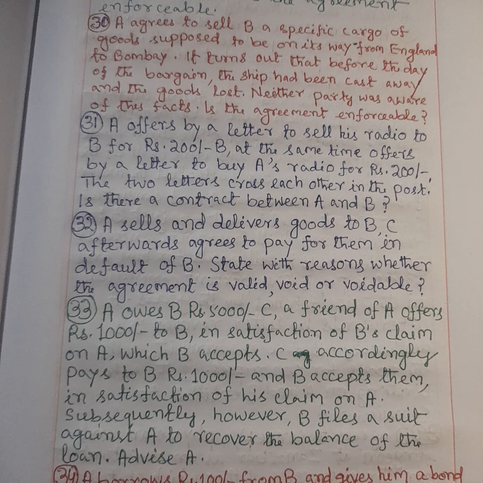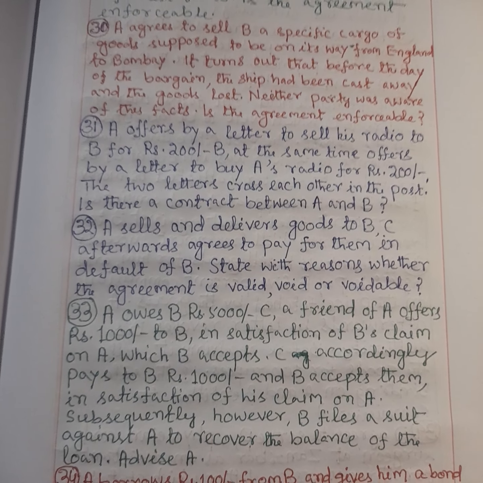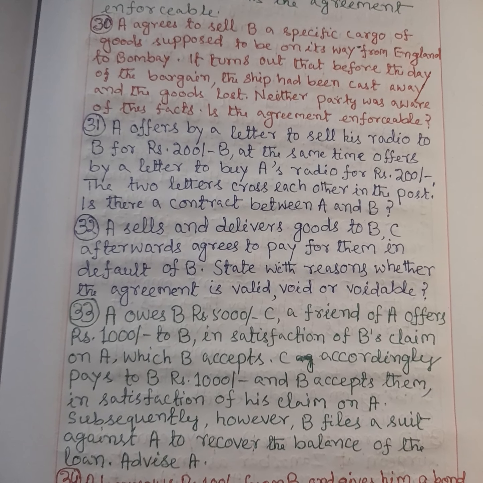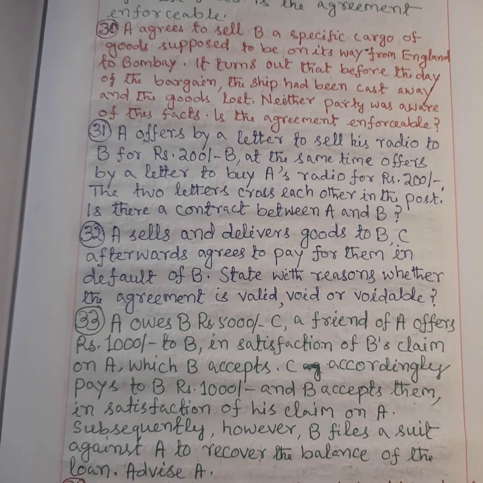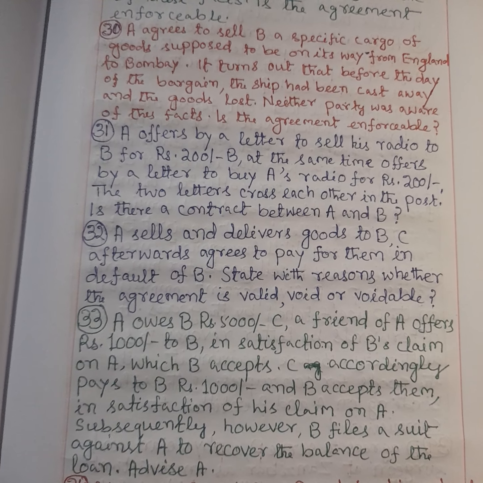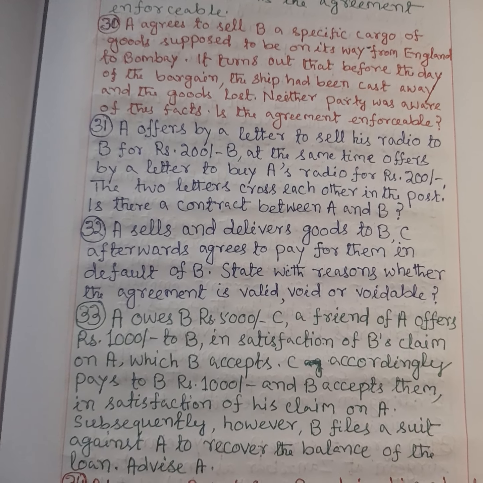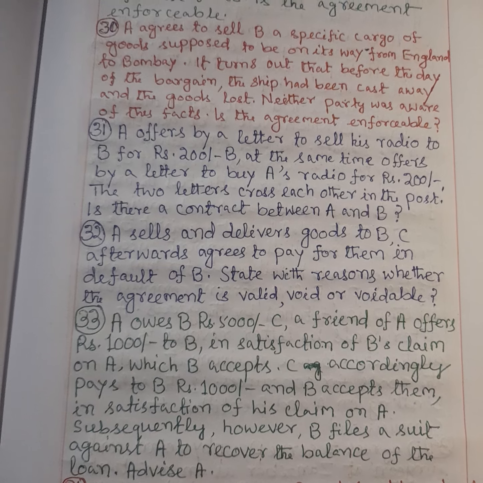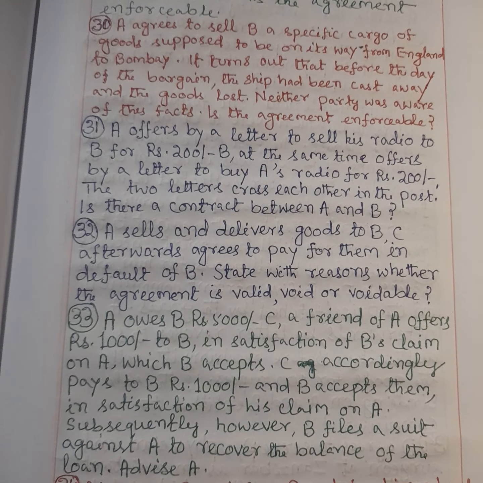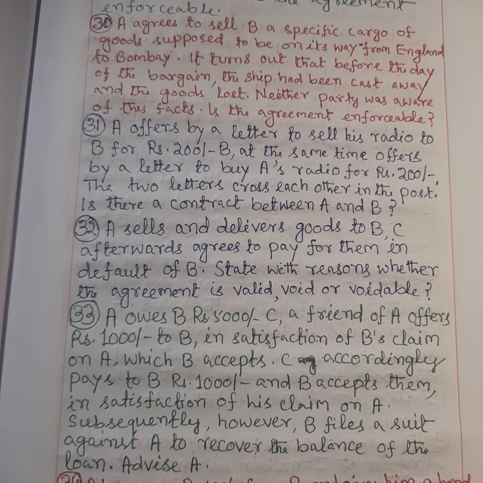Thus both A and B are ignorant of each other's offer at the time when each makes his own. There is no acceptance of each other's offer and hence no contract. As also we found the same problem in the leading case, Tinn versus Hoffman and Company.